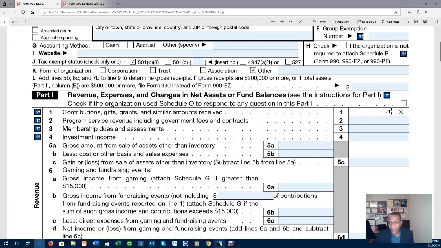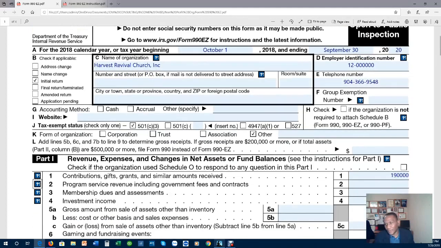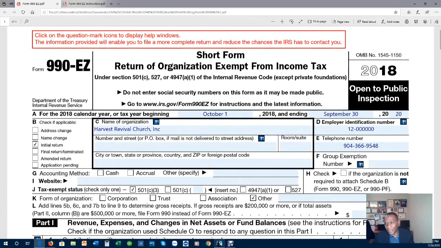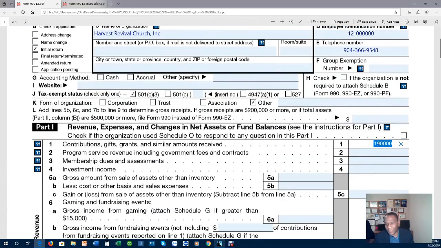If your gross receipts are $200,000 or more, or if the total assets are $500,000 or more, you must file Form 990. If you're at $190,000, that is near that threshold. You wouldn't enter the total amount here exactly, because this amount will be added to other amounts on the form.